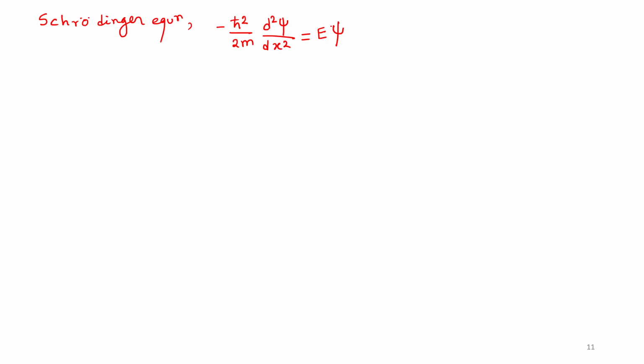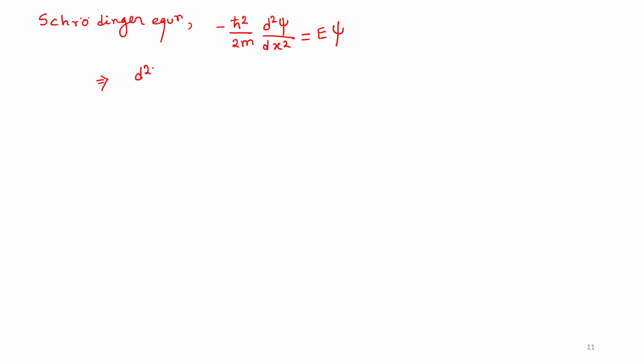Inside the box the potential is 0, so the Schrodinger equation looks like this, right? This is not changed. By changing the position of the walls, we are changing the boundary conditions, not the Schrodinger equation. The Schrodinger equation is same as before.